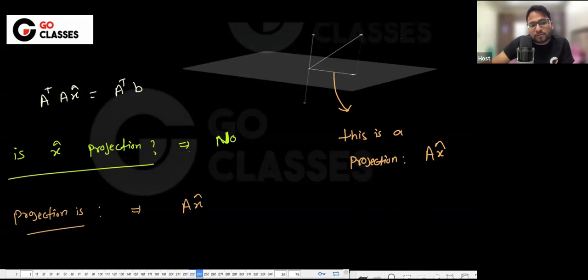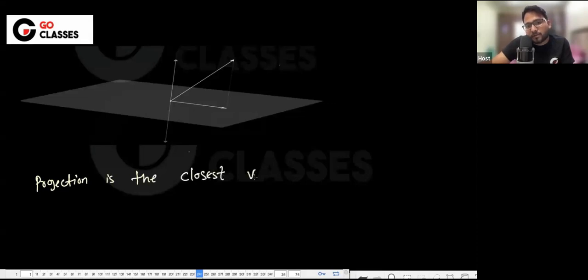So we also say that the projection is the closest vector on the subspace for b.